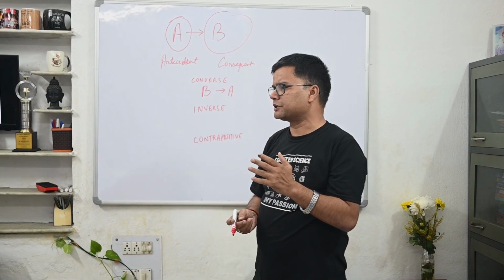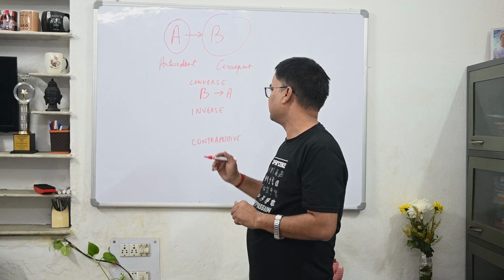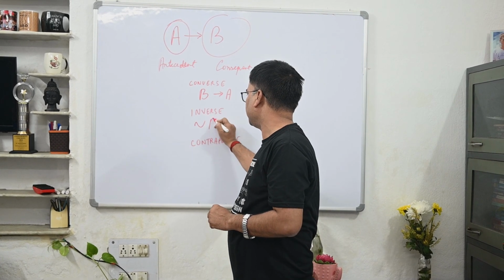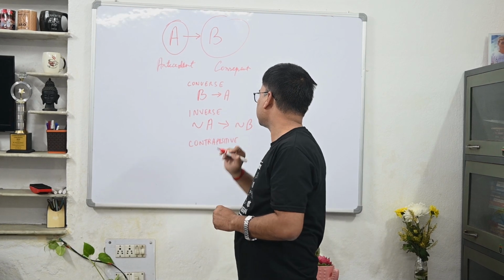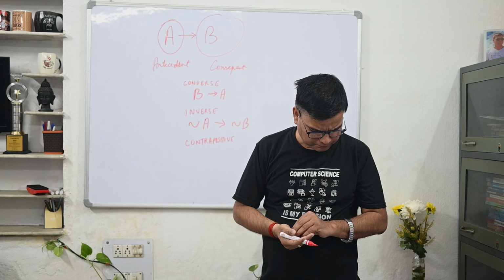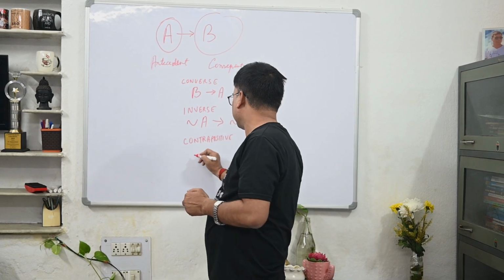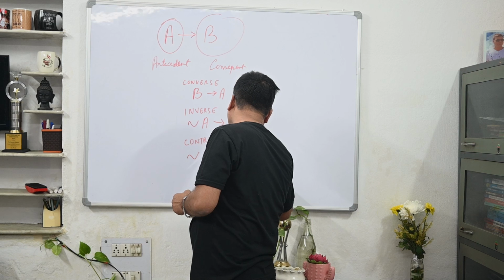The inverse of a statement is found by negation of the antecedent and the consequent: negation of A implies negation of B. That is inverse. And then the contrapositive will be negation of B implies negation of A.